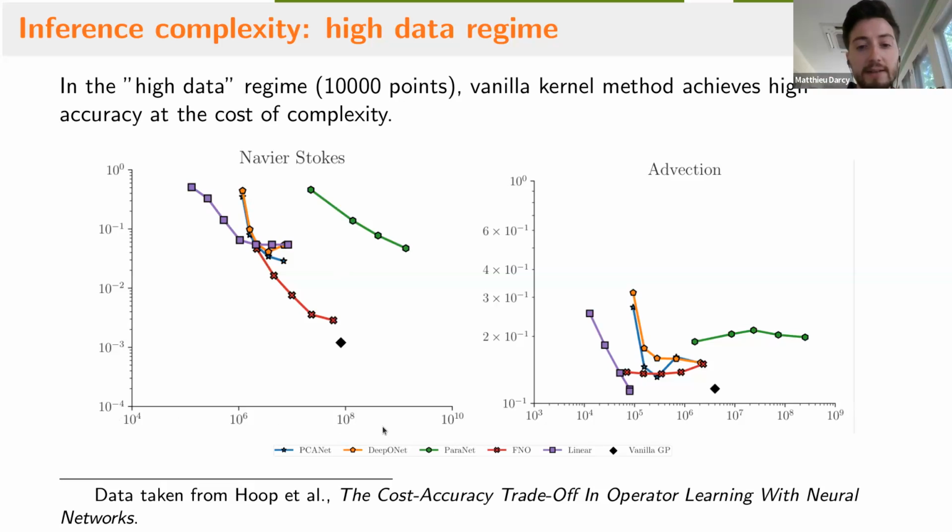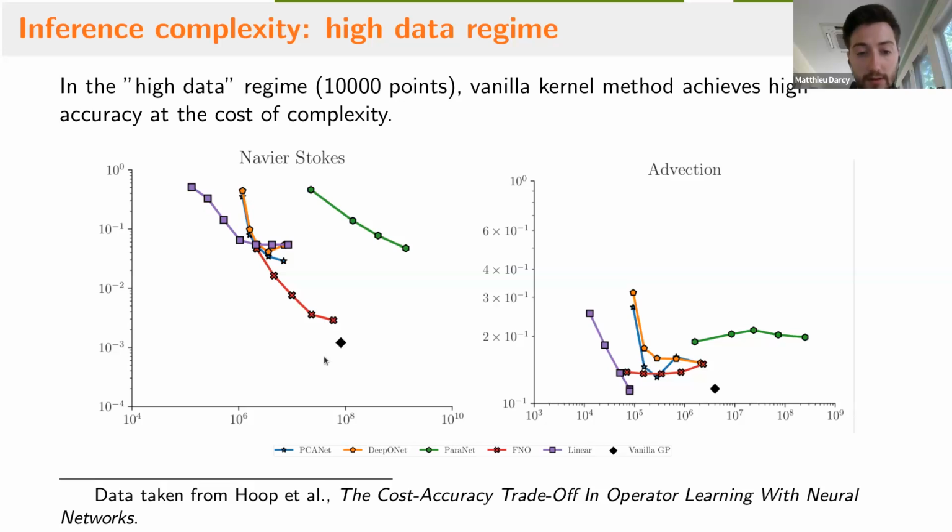On the x-axis, the complexity is measured in terms of floating point operations, and the accuracy is measured in terms of the relative L2 loss, and you have different curves for different methods. Typically what was observed in this paper is that FNO, which is in red here, has the best cost-accuracy trade-off of all the neural network methods that were examined.